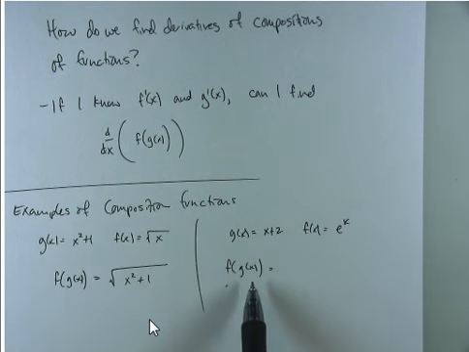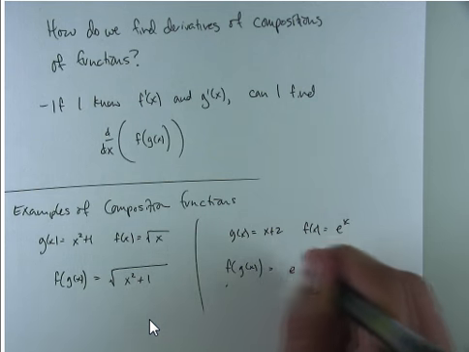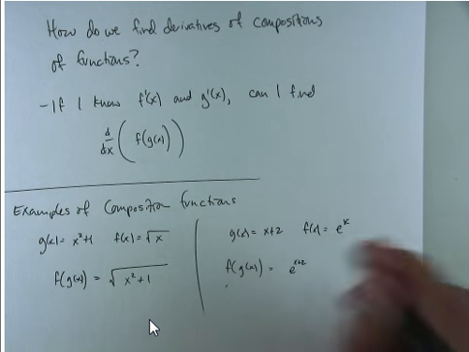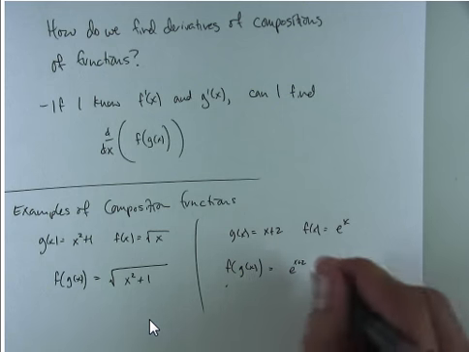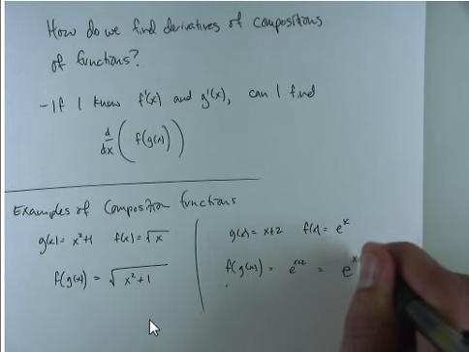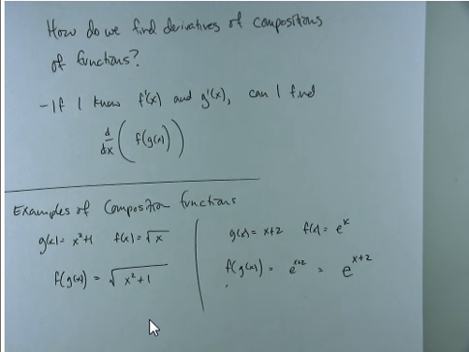Then f of g of x is e to the quantity x plus 2. That's very tiny, I'm sorry about that. That's better. e to the quantity x plus 2.